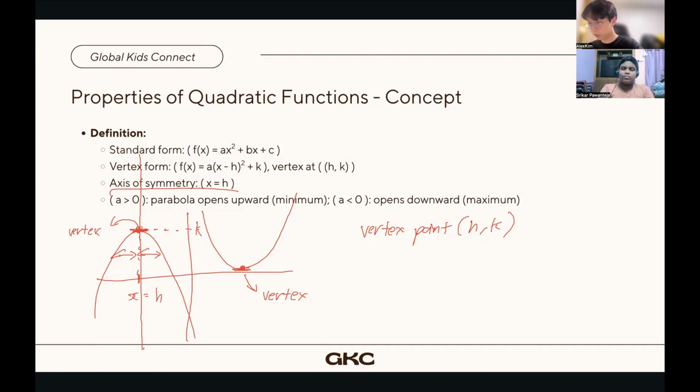Another key thing to memorize is which direction the parabola opens, whether it's upwards or downwards. It depends on the sign of the coefficient of the x squared value.